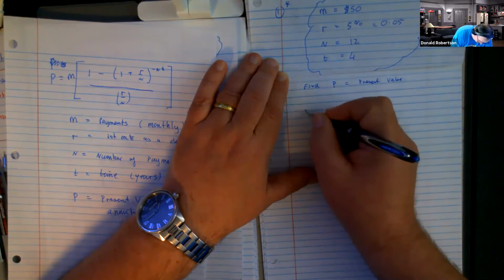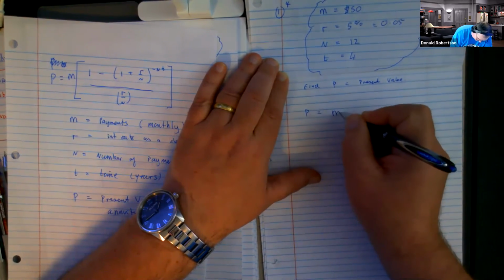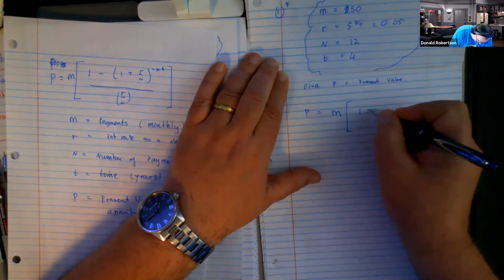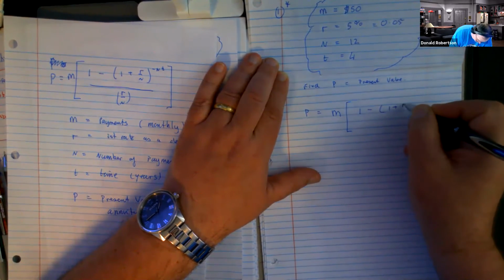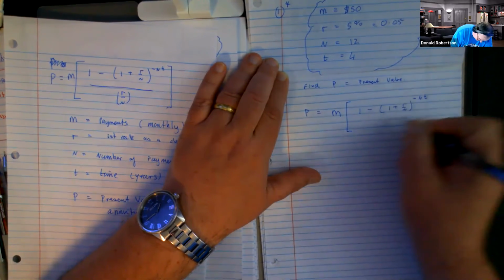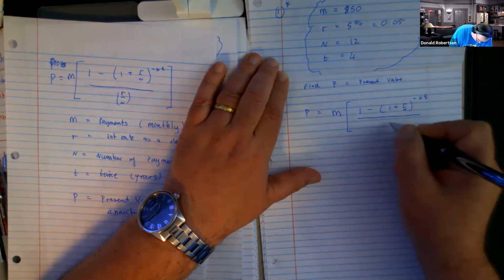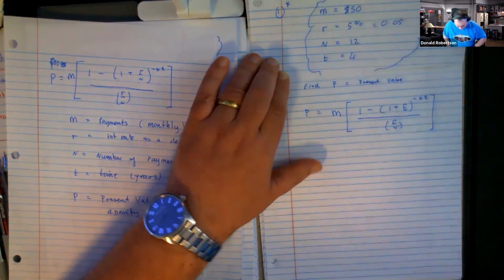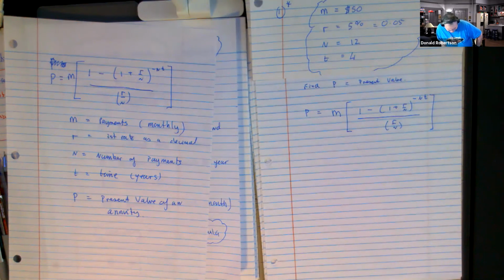And it's going to be M, bracket, 1 take away 1 plus R over N to the power of negative NT, all over R over N. This is, in my opinion, so ugly that it's better to do it in 3 pieces rather than 2.